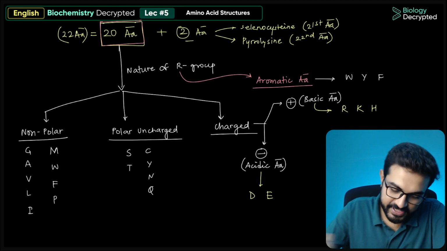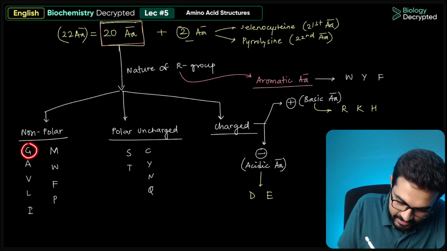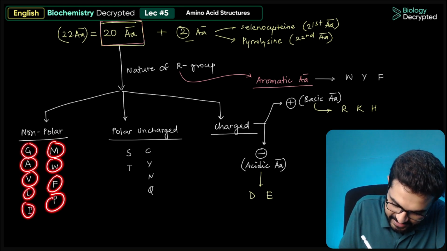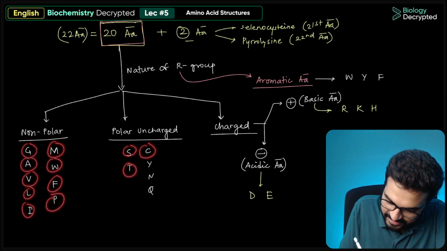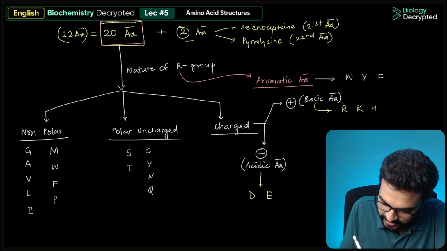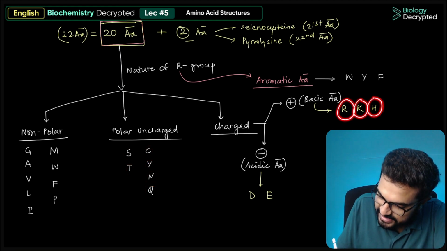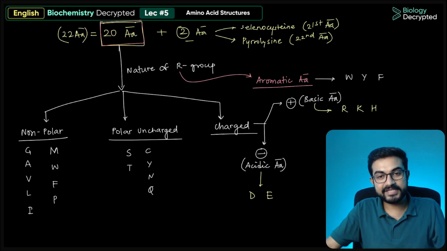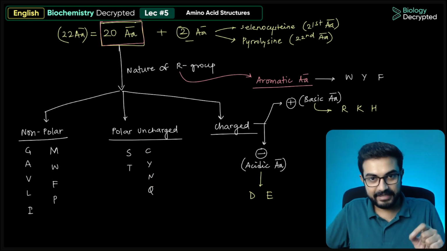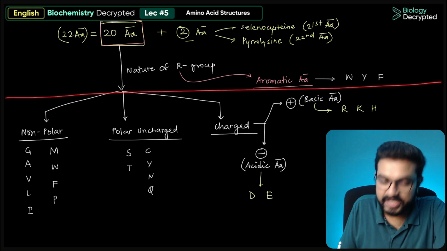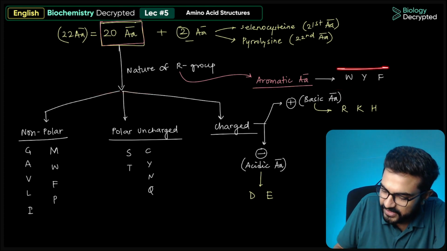So now if we count 1, 2, 3, 4, 5, 6, 7, 8, 9, 10, 11, 12, 13, 14, 15, 16, 17, 18, 19, and 20, all the 20 amino acids, I have written them according to their one-letter codes. And here we have repeated it, as this is another type of classification.